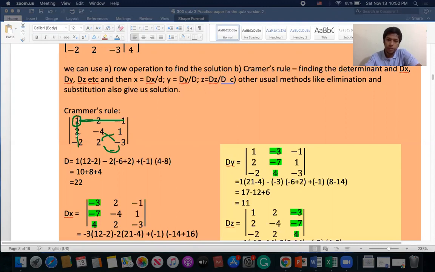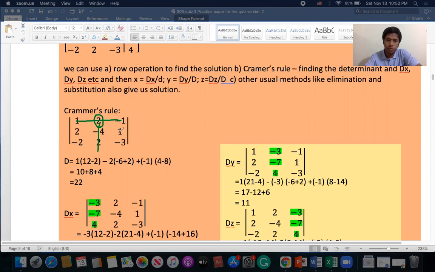For the first one, we get this. Then the convention is that the second number will be negative. So this is negative 2. For this 2, when we take it, the horizontal and vertical line will cancel.